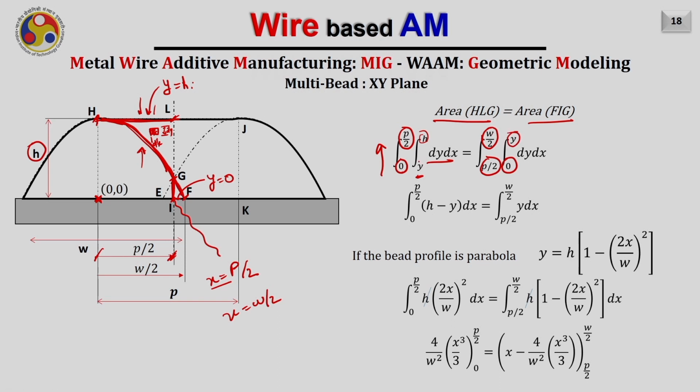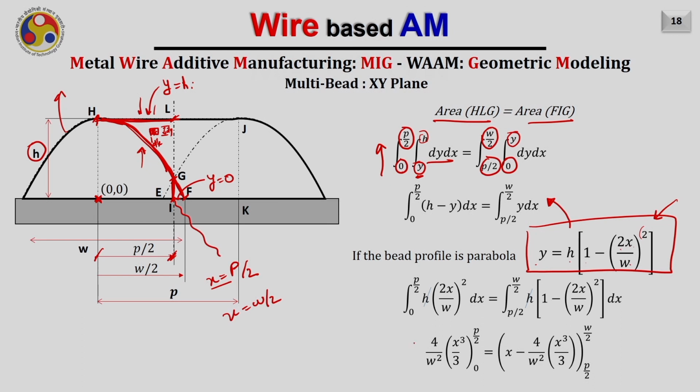We know that this curve y is nothing but the shape of this parabola, which we have already derived, and the equation of that was something like this, that is y equals h(1 minus 2x by w)^2, as you are seeing here. So now I can replace this value of y in this equation and further do the integration.